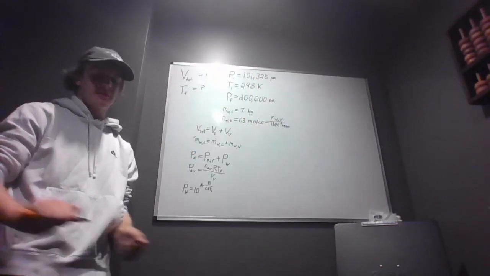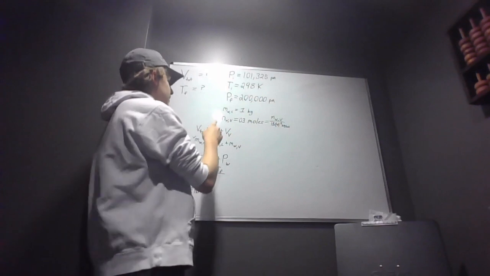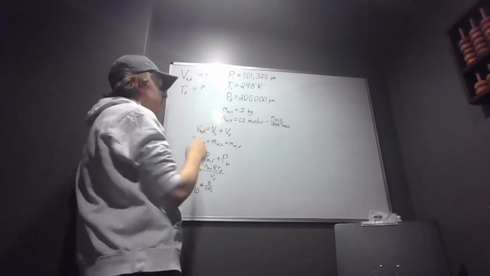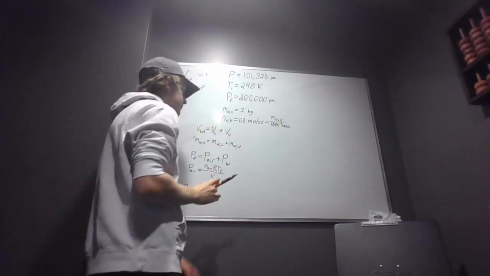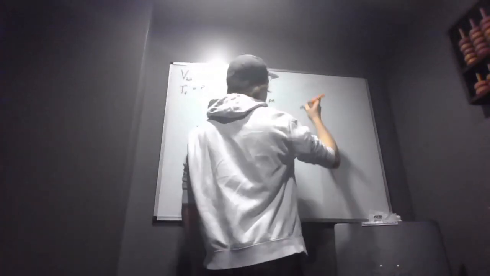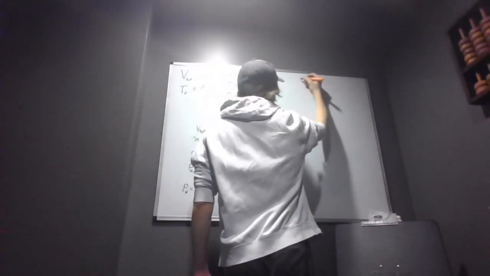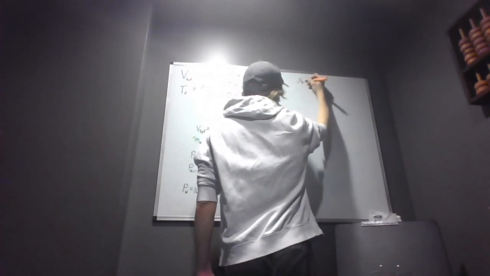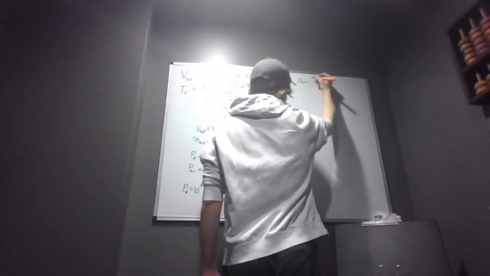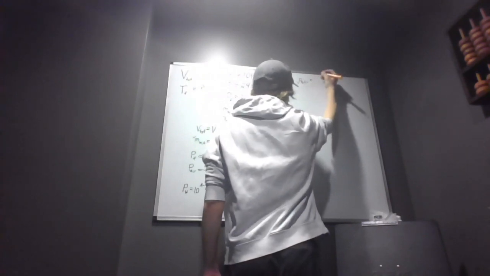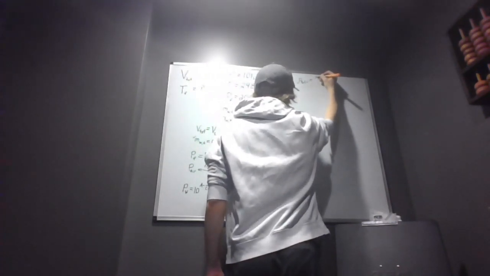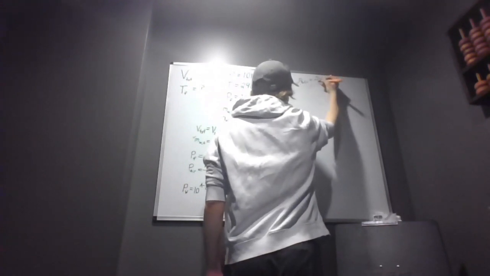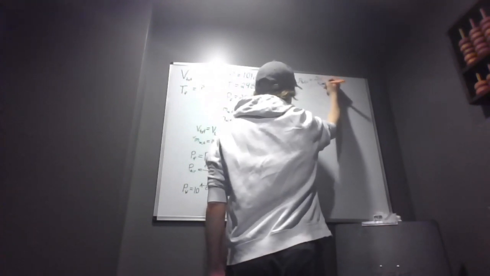So now I'm going to try and figure out this volume of the liquid. So we know that the density of the water in the liquid phase will be equal to the mass of the water in the liquid phase divided by the volume of the liquid.